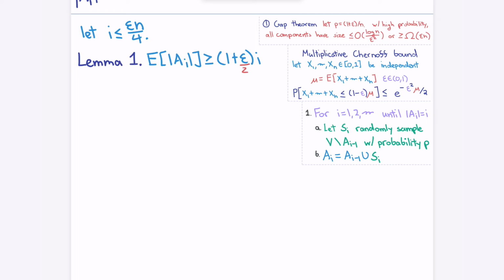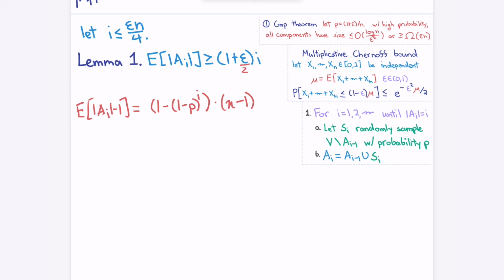Well, we can do what we just did. The expected value of AI, excluding the first one, is going to look like: everyone flips heads with probability 1 minus (1 minus p) to the I, times n minus 1.